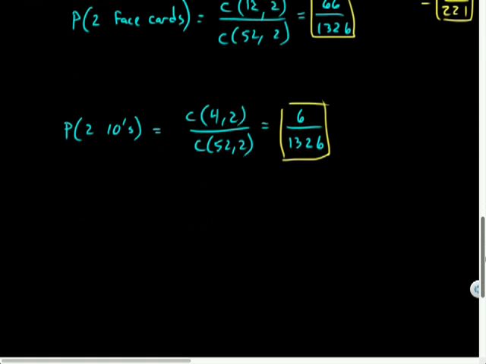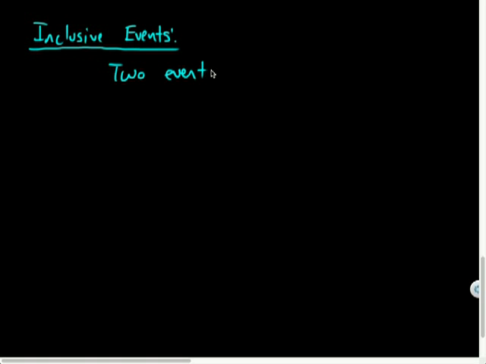So let's talk about what if our events are not mutually exclusive but are inclusive. So inclusive events, what I'd mean by that, are two events that can occur. They don't have to, but they can occur at the same time.